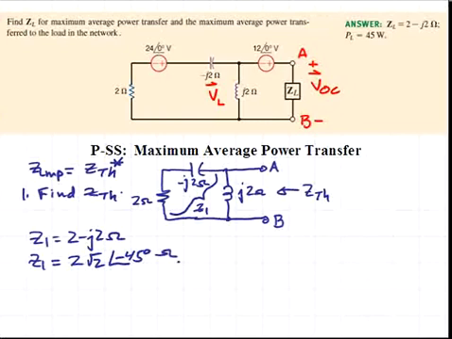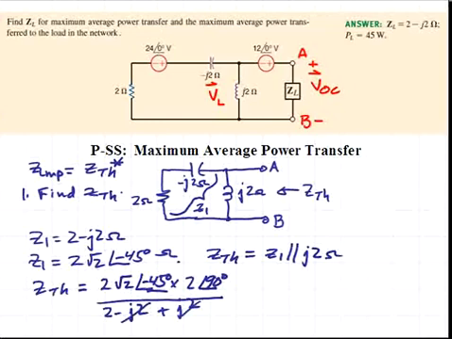Then we can calculate the Thevenin impedance as the parallel combination of Z1 and the j2 ohm inductor. So Z Thevenin is equal to 2 square root of 2 at an angle of plus 45 degrees ohms, which in rectangular format is equal to 2 plus j2 ohms.